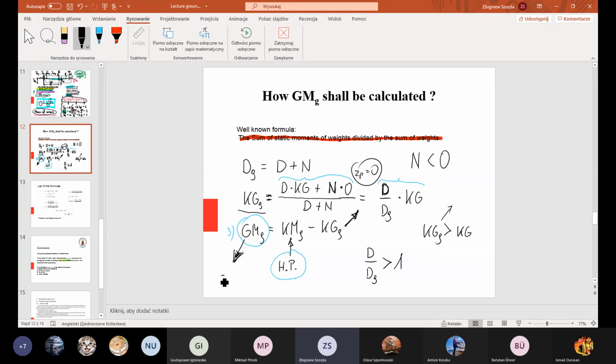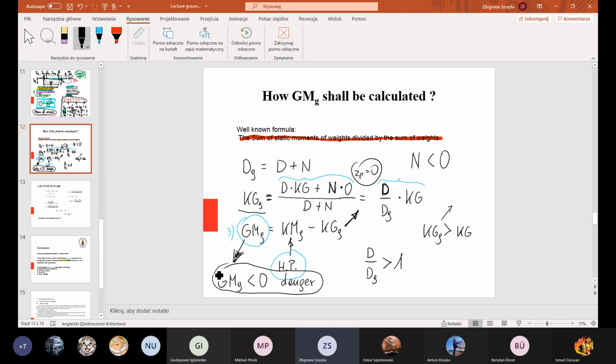Actually, the most dangerous situation is if initial metacentric height after grounding is less than 0. It is dangerous. It is really dangerous after grounding if initial metacentric height is less than 0. The ship loses stability.